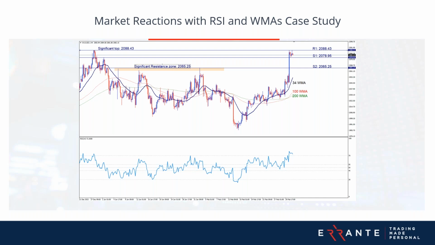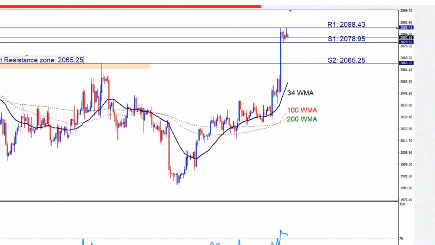2065.25, which had previously acted as a ceiling for price, has been breached with conviction, as indicated by the strong upward candlestick as you see on the chart. So this breach is further confirmed by, let me just zoom in a bit to make it more clear for everyone.